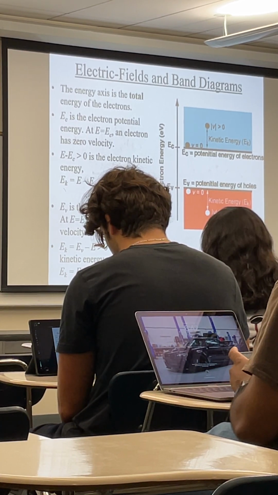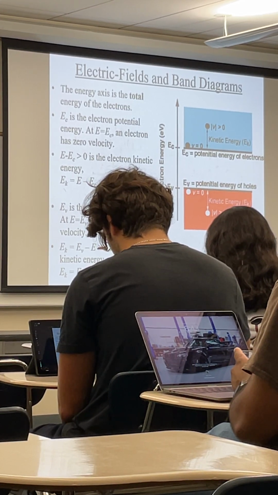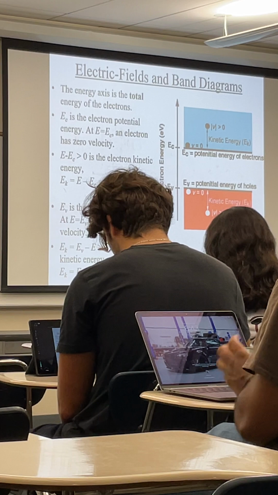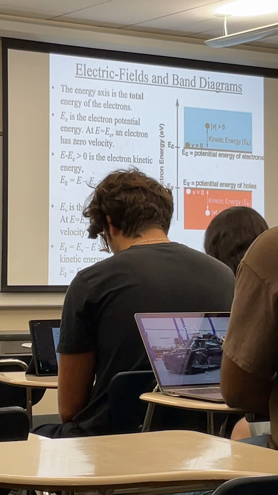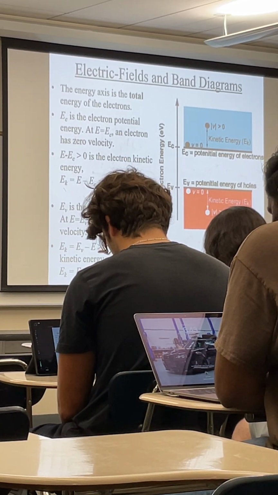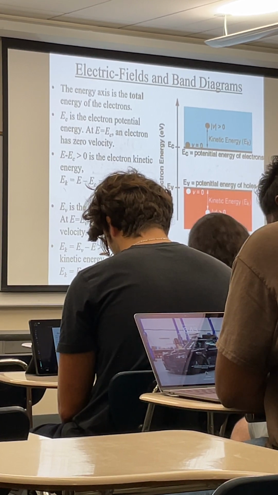We can do the same for holes. If the hole is at EV, then the velocity is zero, and the hole has zero kinetic energy. If the hole is below EV, then it can gain certain kinetic energy, and the magnitude is determined by the distance between EV and this position here.